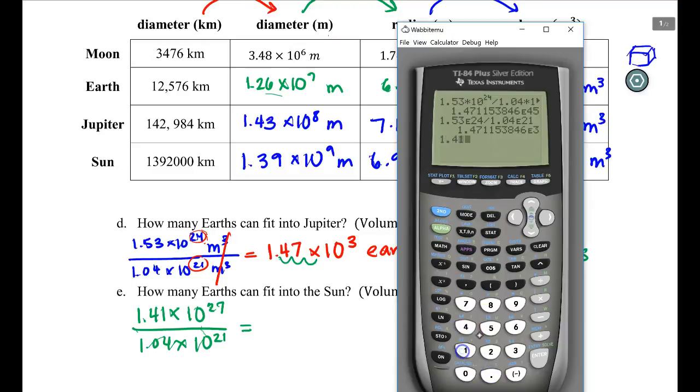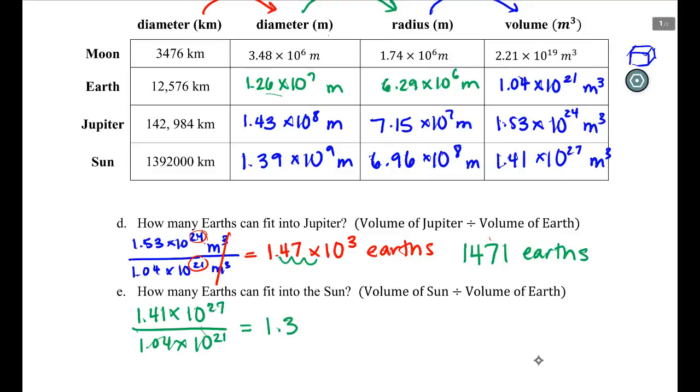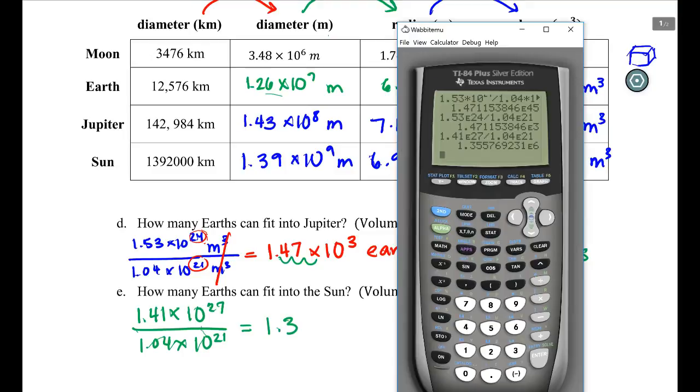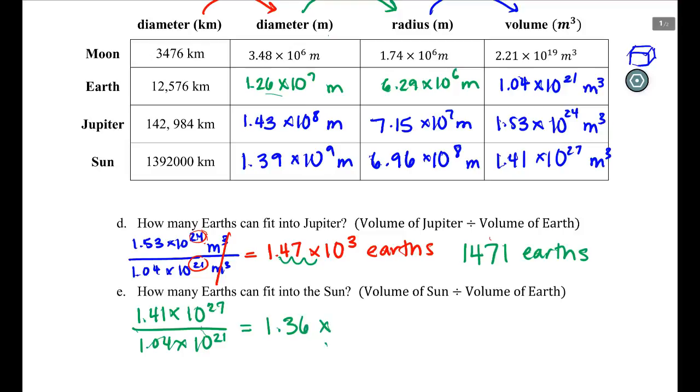And we just do the same exact work using our little e. And we get out 1.36 times 10 to the 6th earths.